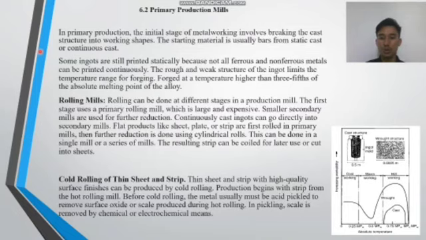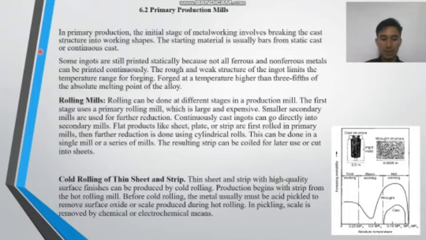Cold rolling of thin sheet and strip. Thin sheet and strip with high quality surface finishes can be produced by cold rolling. Production begins with strip from the hot rolling mill. Before cold rolling, the metal usually must be acid pickled to remove surface oxide or scale produced during hot rolling.